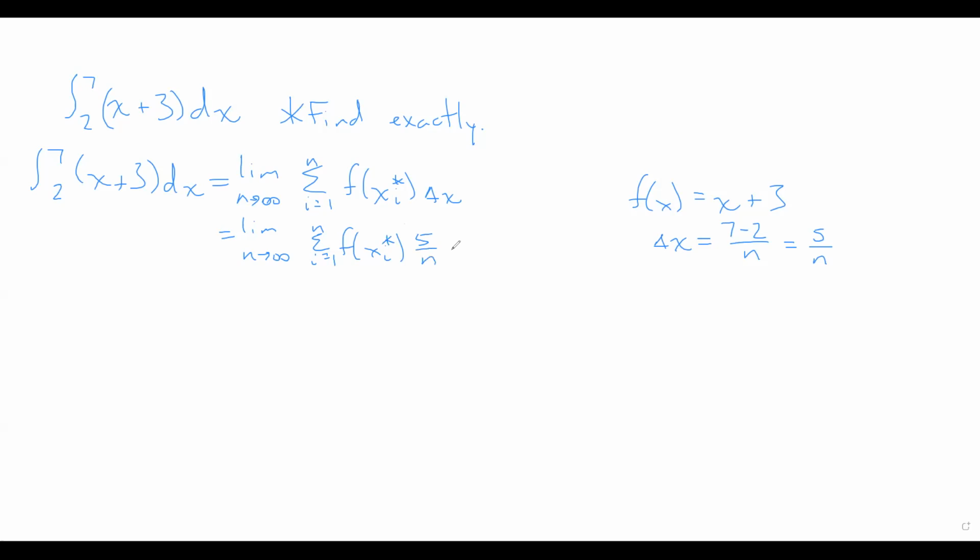Now we got to figure out how to represent f of xi star in terms of i's and n's. So here's my advice in general: find the first few x values, and then hopefully from there you can figure out what x would be for any i value.